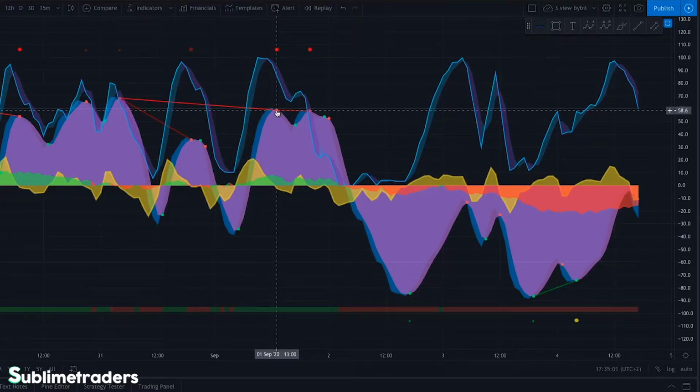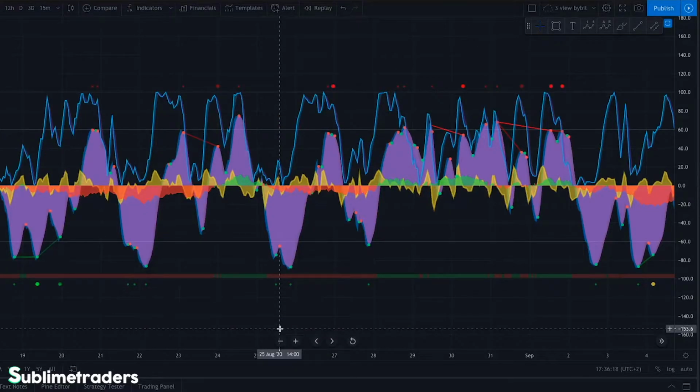When we have a red dot here or here, this means that the wave trend oscillators have crossed the overbought level in a downward manner, and this usually leads to a bearish outcome. Now, you couldn't trade this indicator alone because you don't have enough information on this wave indicator.